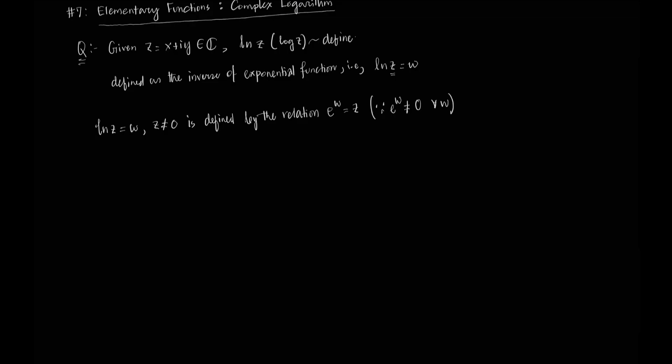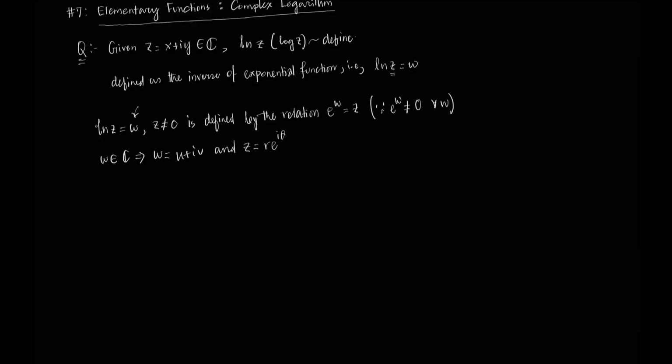Now this w is what we want to find. Given a z, we want to find the w such that this happens. By our definition, we are assuming w to be in C, so w should look like u plus iv. And let's call our z as r e power i theta.